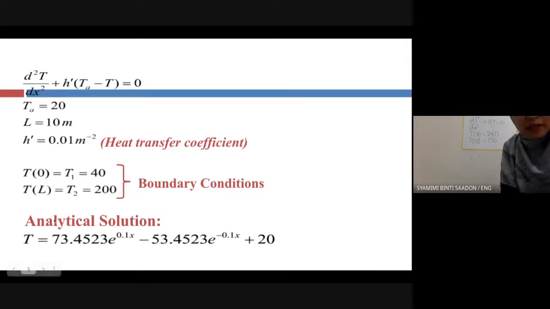Just now it was heated from 40 to 200, but now it is cooled from 240 to 150. This means a cooling process. So we have this example: d²T over dx² minus 0.15 T equals 0, with boundary conditions T at 0 is 240, T at 10 is 150.